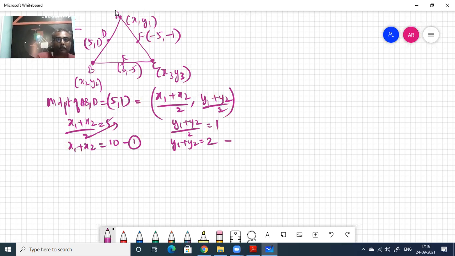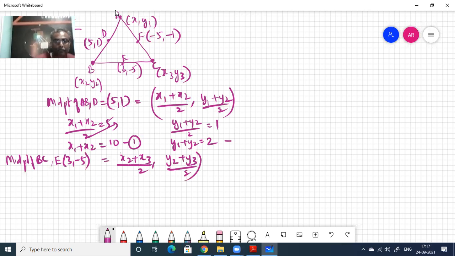Then the other one, midpoint of BC. Midpoint of BC, E, is (3, -5), which is equal to (x2 plus x3) by 2 comma (y2 plus y3) by 2.